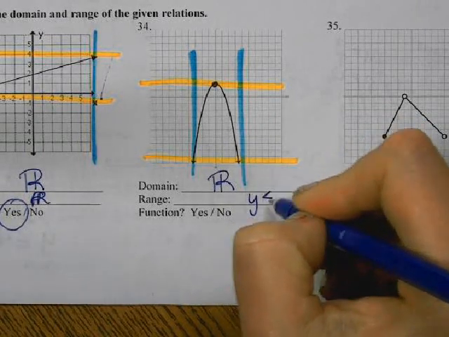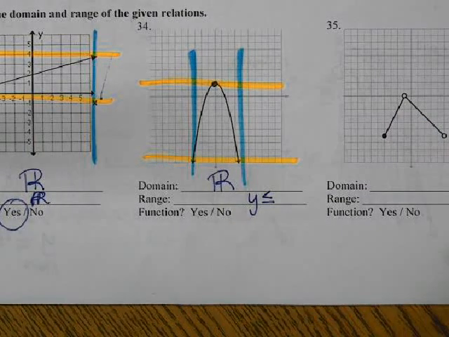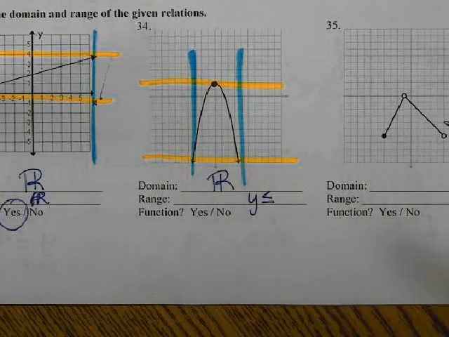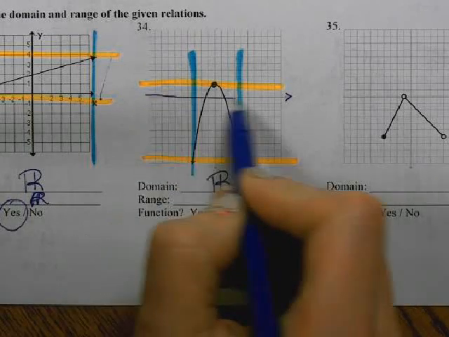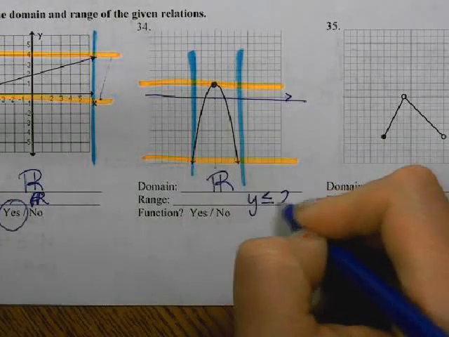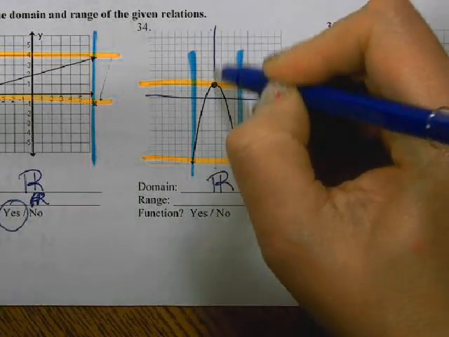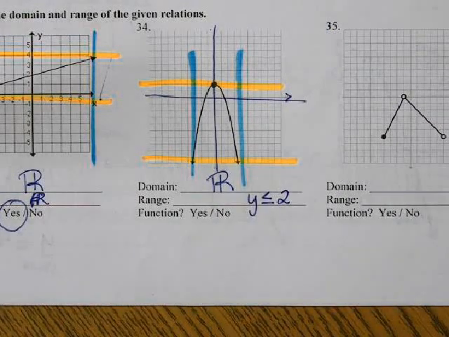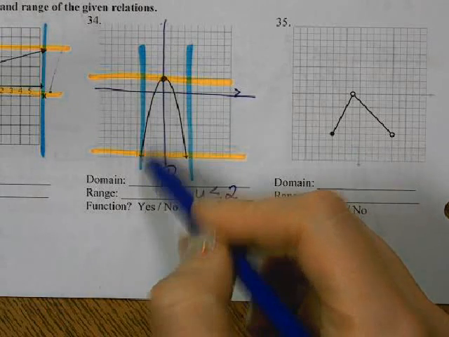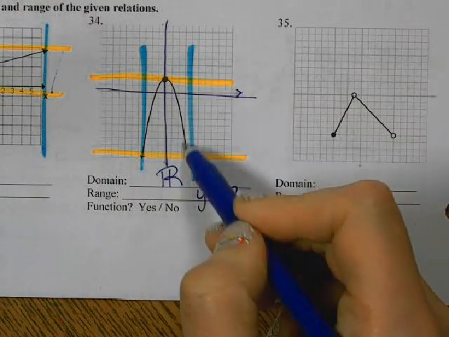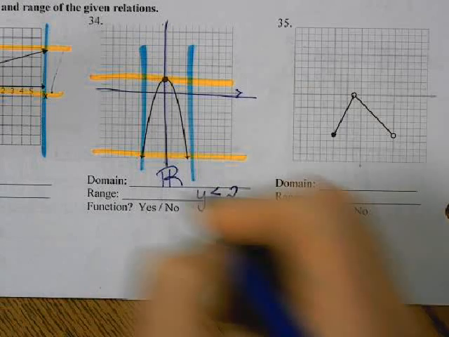So y is less than, it's going to be on the small side, or equals to. And honestly, oh here, you can see it right here. Here's the x-axis right here. So 2. Too high. Here's the y-axis. Okay? Alright. And yes, this one is a function because if I drew vertical lines all the way through it, it only touches the graph one time.